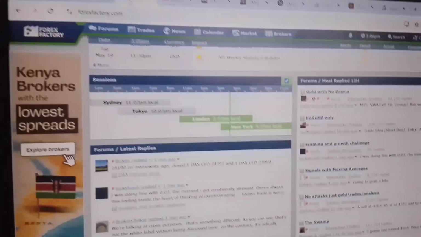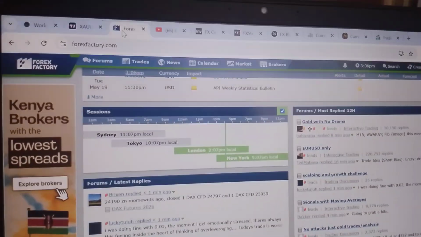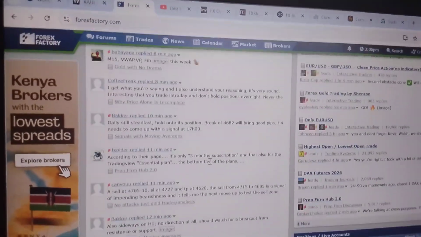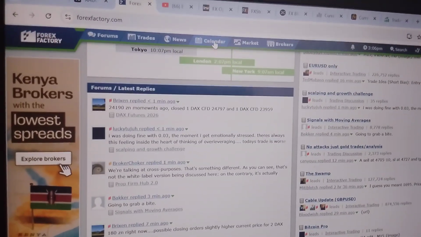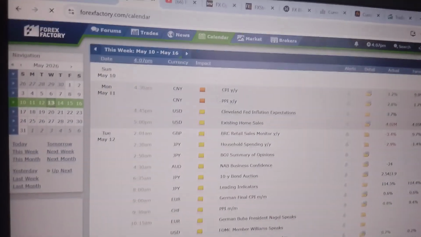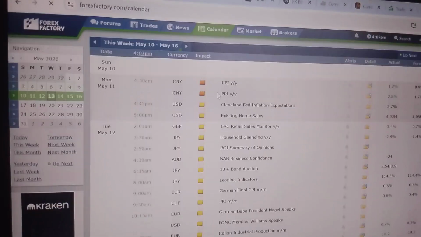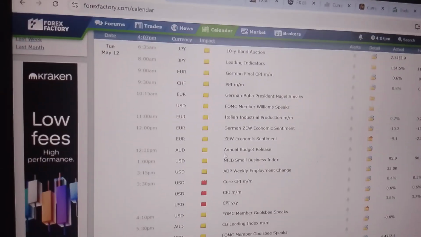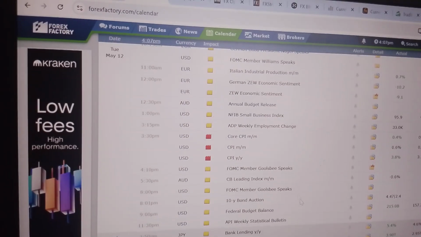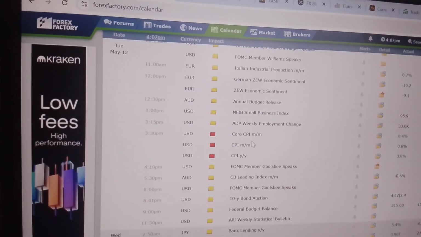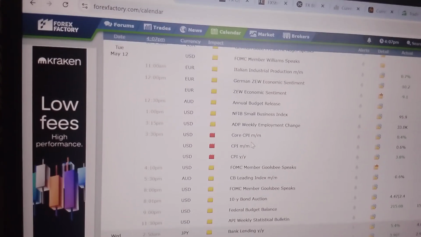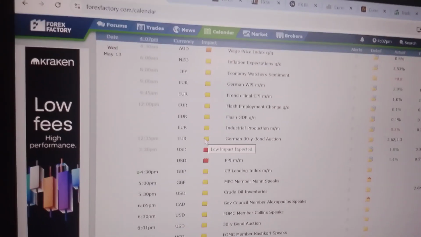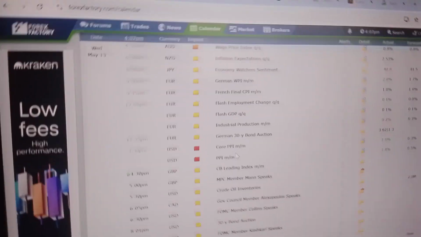Another one is called Forex Factory. Forex Factory contains the global economic calendar of what is happening. For example, today, which is Wednesday the 13th, we had some news on the producer price index.